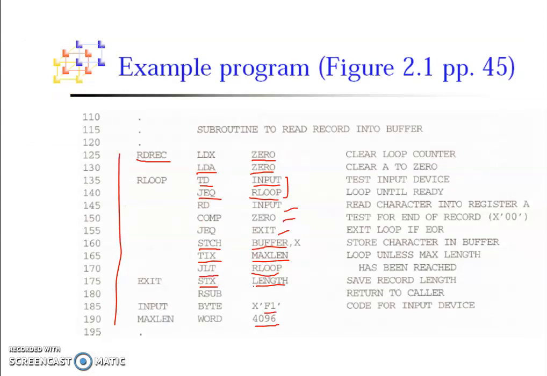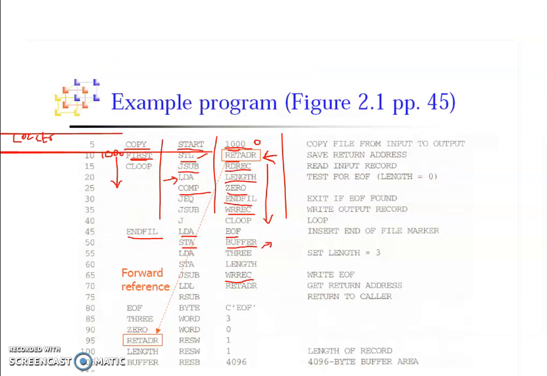Index register, it will be storing the value of the index register to the variable length. That length will be stored in the accumulator and it compares whether it is equal to 0. If it is equal to 0 means it understands that it reached the end of the file, and what it does, it jumps to the write record.